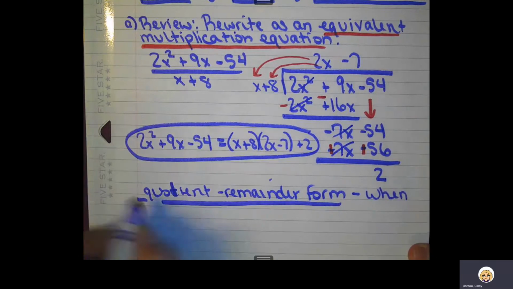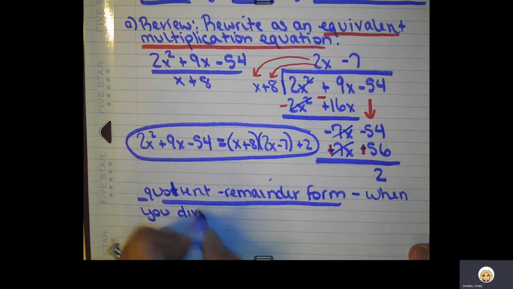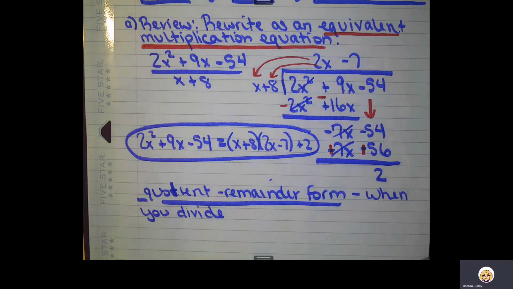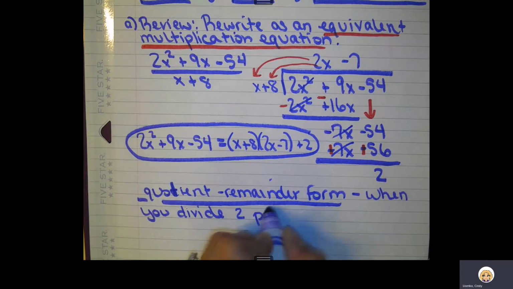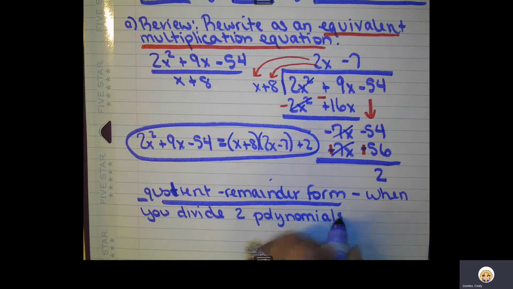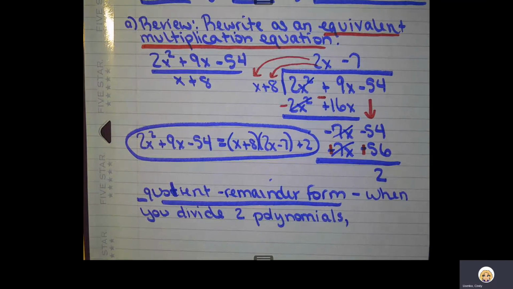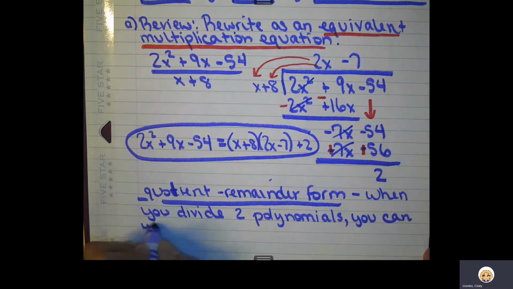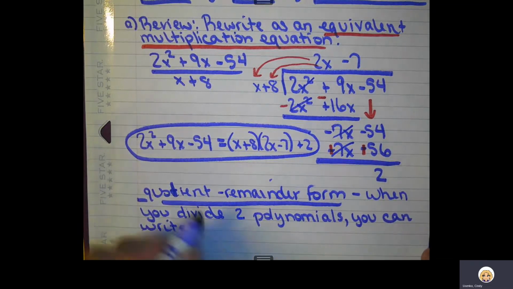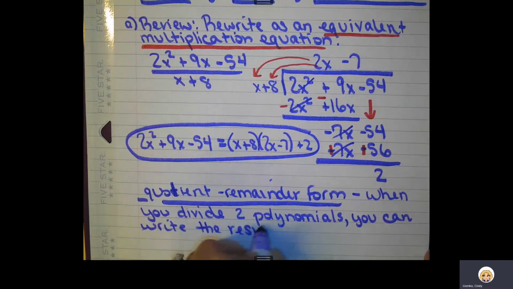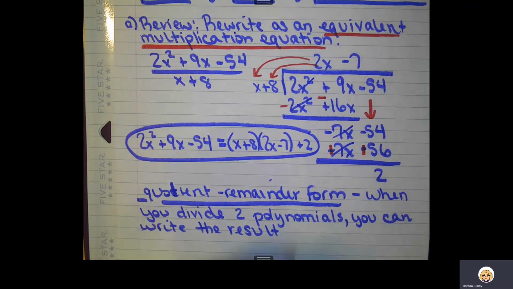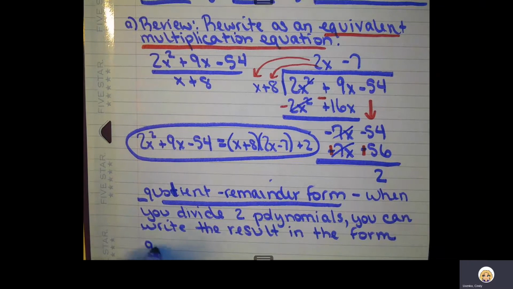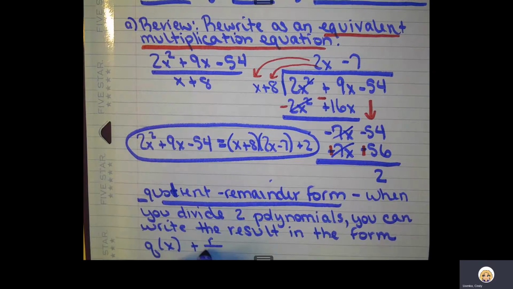When you divide two polynomials, that's like our top divided by bottom fraction, you can write the result in the form, and I'm going to have you write q of x plus r over x minus a.